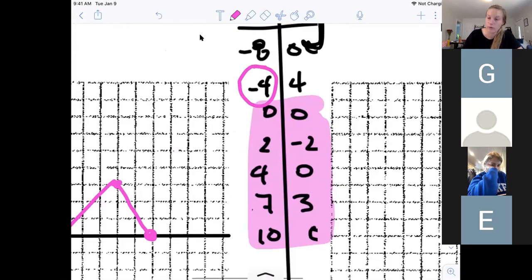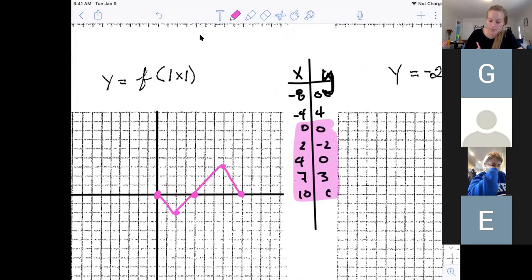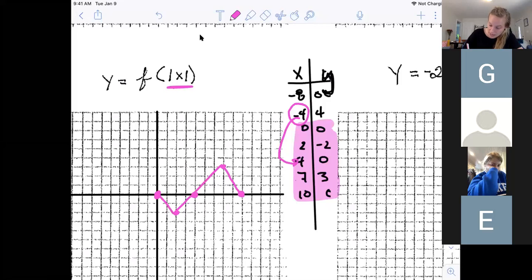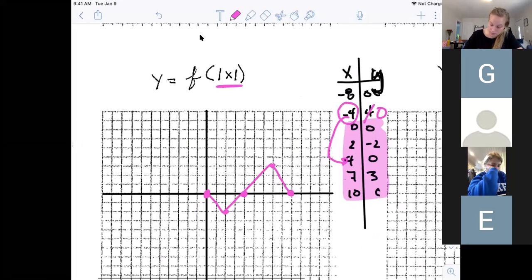If we wanted to think about it in terms of the points, we can still do that. I have a -4 here. If we're doing absolute value of my x, the absolute value of -4 is 4. So I'm gonna go down here and use that y. So my point is not at -4, 4, it's at -4, 0.